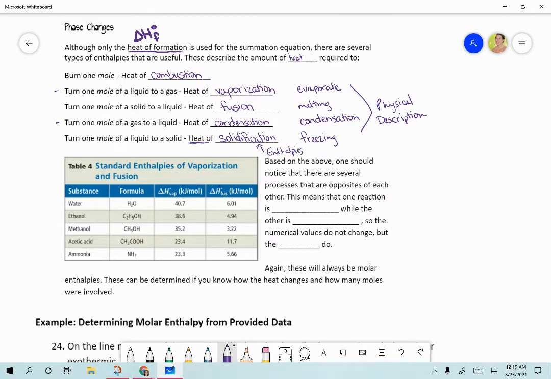So based on this information, you should notice, and I pointed out one of them, that we have these processes that are opposites. So if we go from a liquid to a gas, that's the opposite of going from a gas to a liquid. So we've been talking about opposites a lot, and we've been talking about positives and negatives, but we've also been talking about endothermic and exothermic.